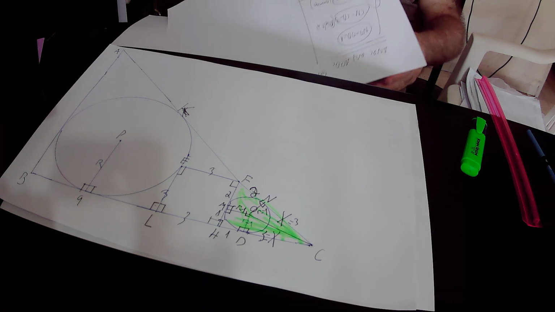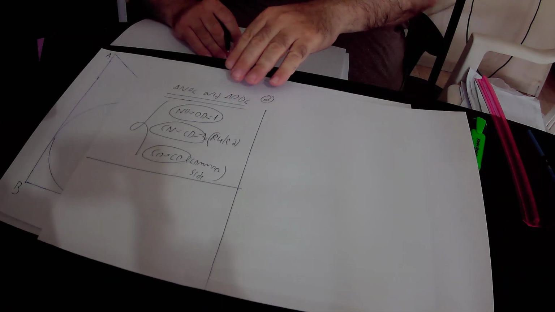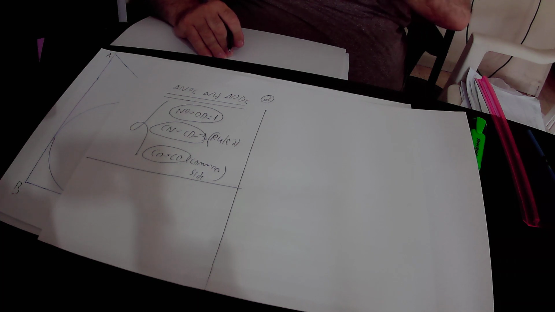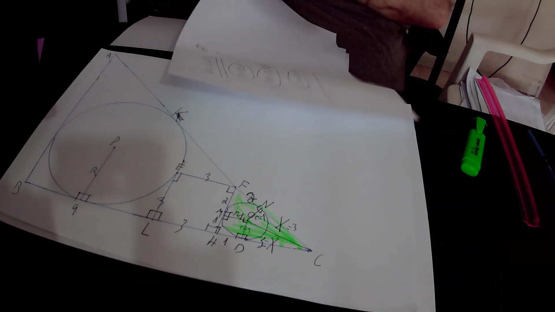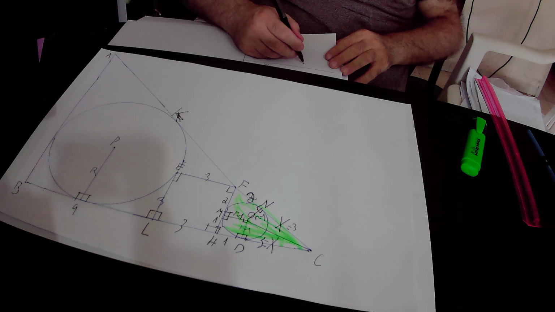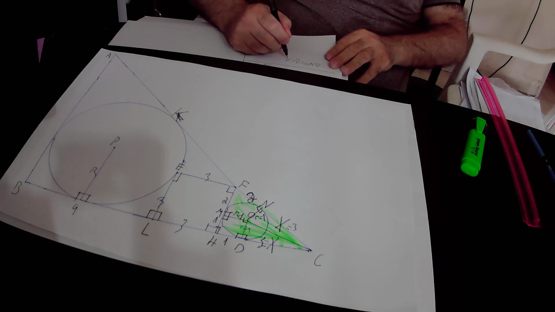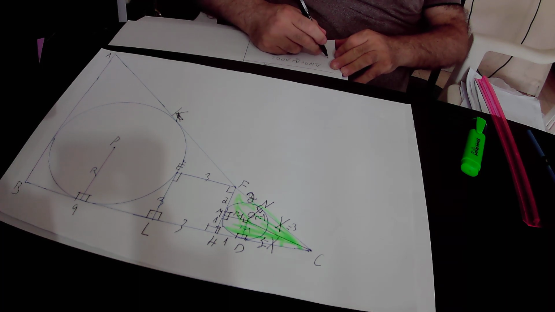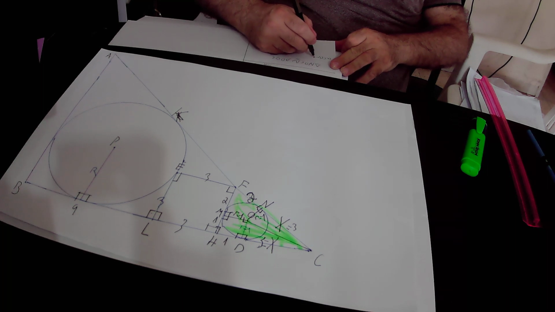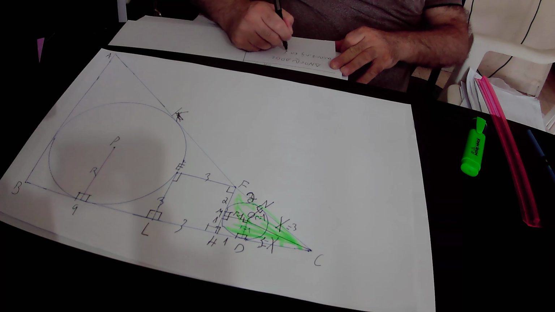So actually we proved that the two green small right triangles are congruent according to the side rule. So I write it down, triangle NOC is congruent to triangle DOC according to the side rule.